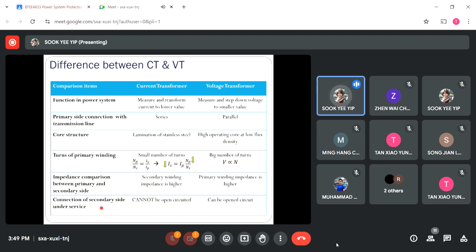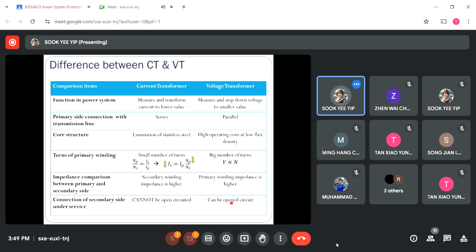So the last one to be compared between current transformer and voltage transformer will be the precautions you have to take note of whenever we are using these instrument transformers for measurements. In terms of connections of the secondary side for the current transformer, let's say you want to use it for current measurements, you cannot leave the secondary side open circuit, all right?